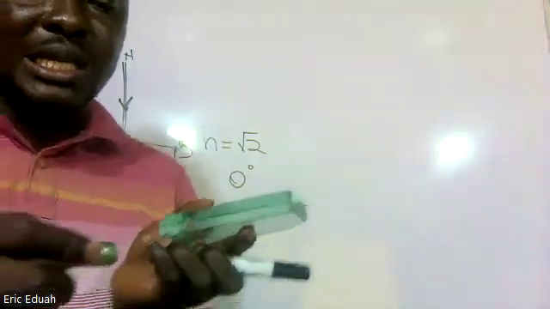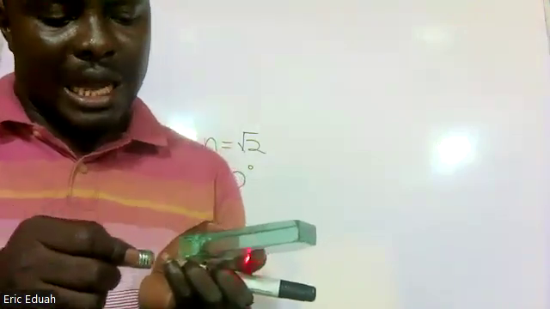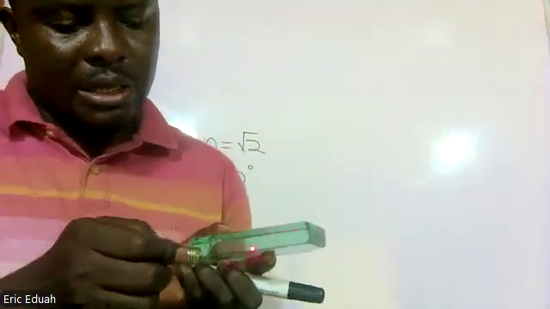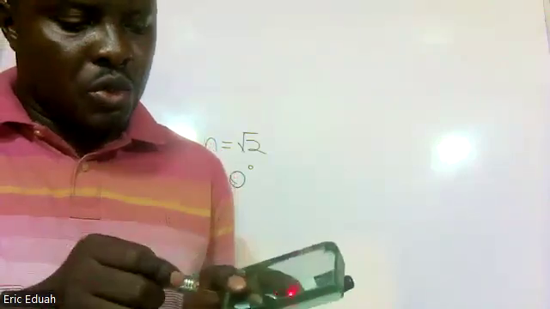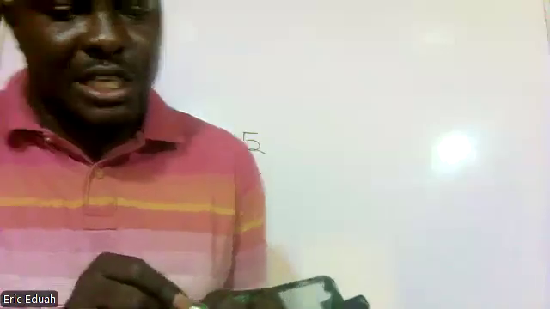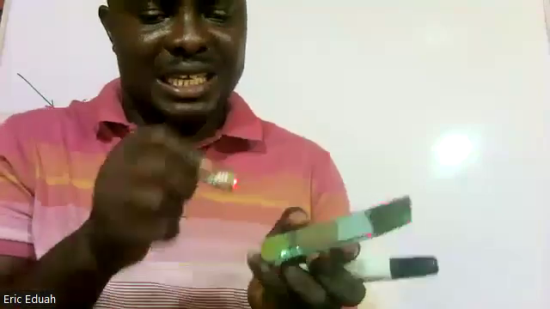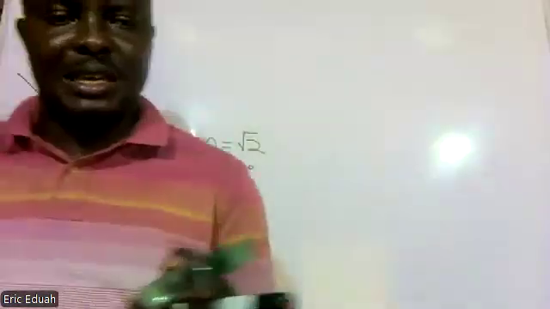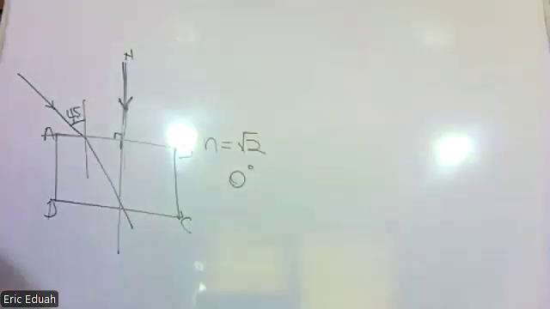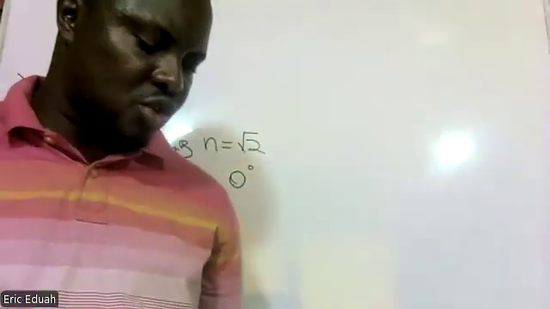I'm going to shine a laser through it. When you direct a laser beam at the surface, part of it will be reflected and part of it will also be refracted. So it is not correct that the light will be reflected entirely. So the answer B is also not correct.